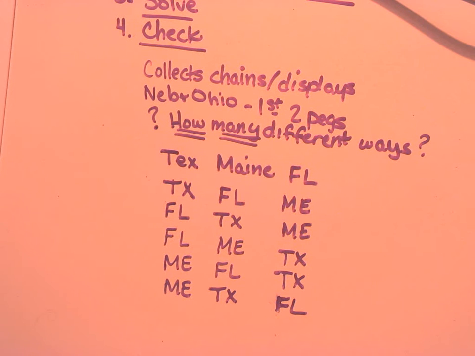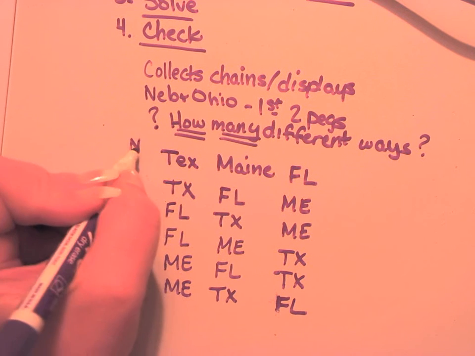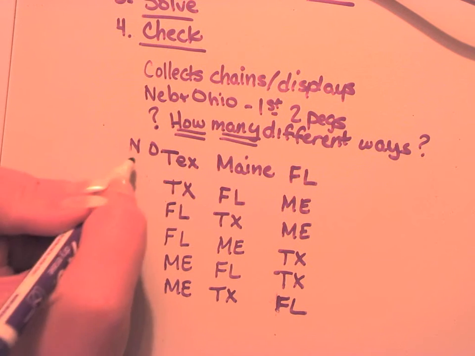Now if the Ohio keychain is first and the Nebraska keychain is second, then there are these six arrangements that can be made. But if we flip it to Nebraska first, so these are 6 with Nebraska first and then Ohio second.